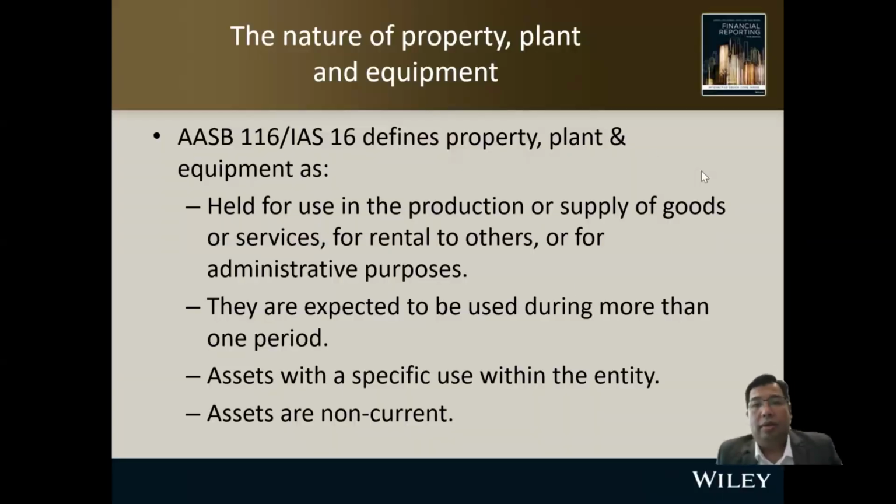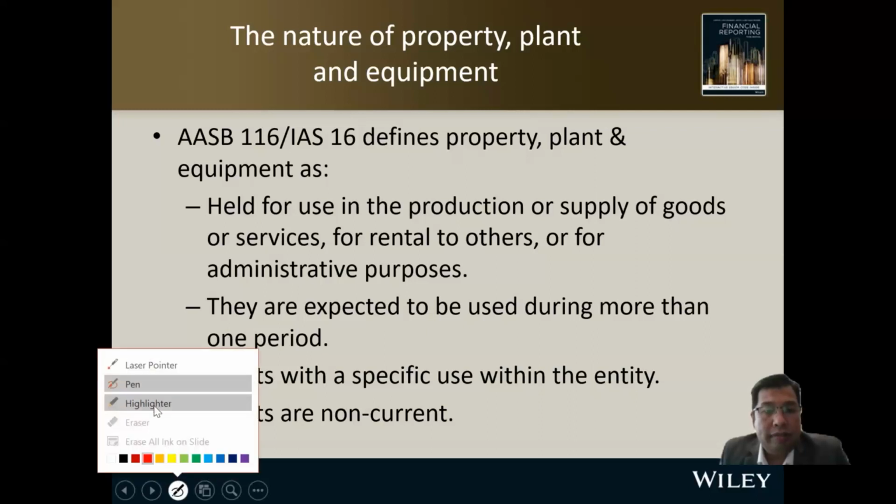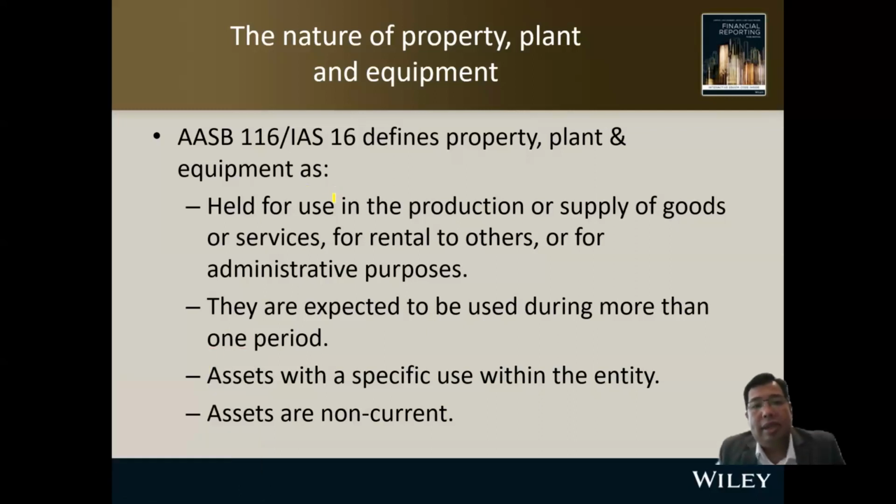Okay, let us start with understanding the nature of PPE. What is the difference of property, plant and equipment compared to other assets? Under AASB 116, it defines property, plant and equipment as assets held for use in production or supply of goods or services.